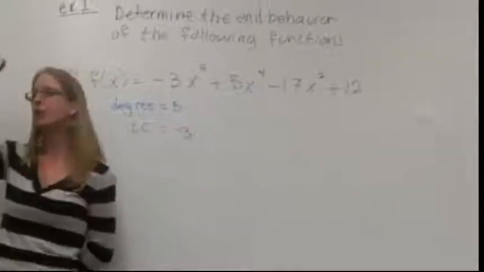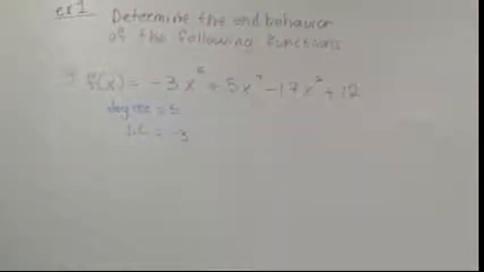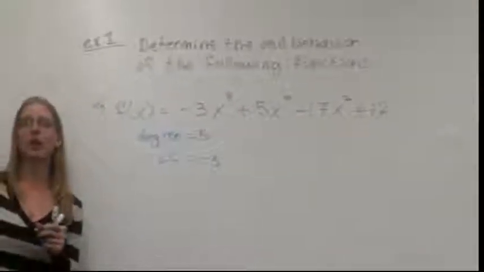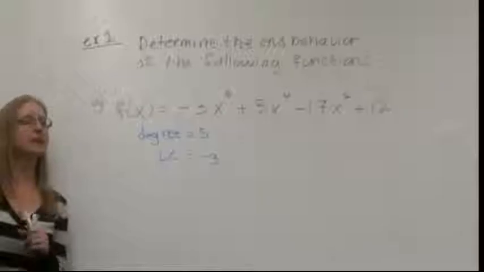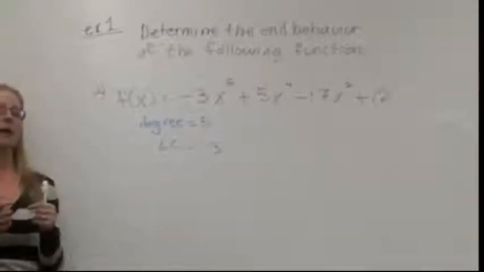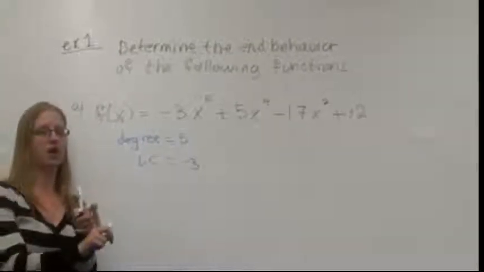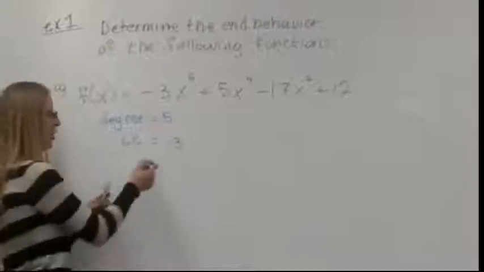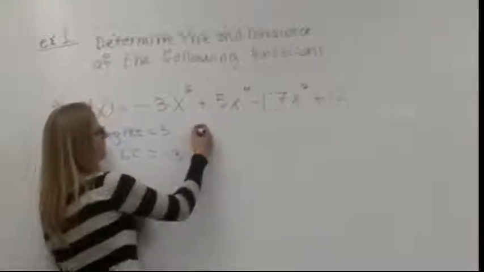If I look at those 4 different possible cases, notice that in all 4 the degree was either even or odd, and the leading coefficient was either positive or negative. That's actually all we care about. So in this case, what's my degree?